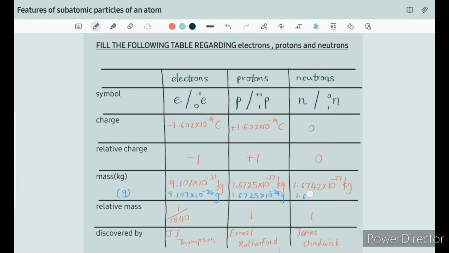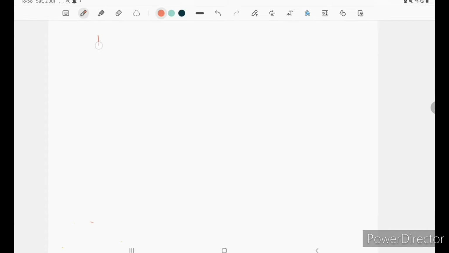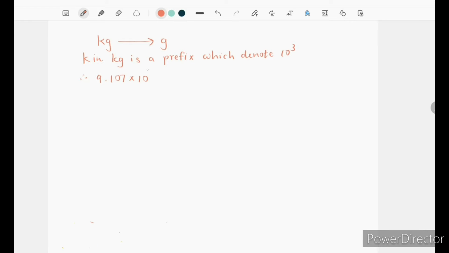If the question tells us to write the answer in grams, the power of tens of the values will change. Now let's see how to convert a value in kilograms to grams. K in kilograms is a prefix that denotes 10 to the power 3. Therefore, we can substitute 10 to the power 3 instead of K and get the answer.